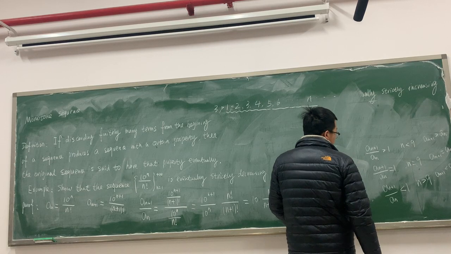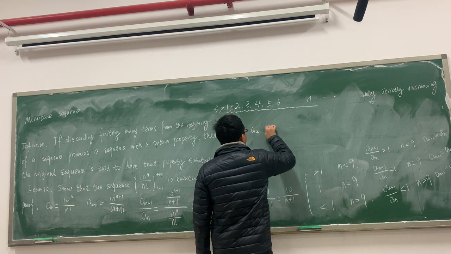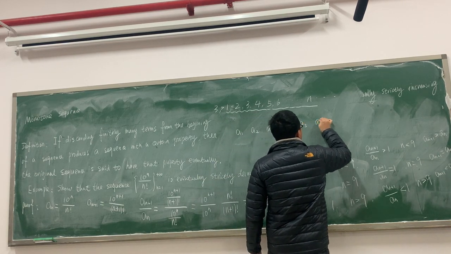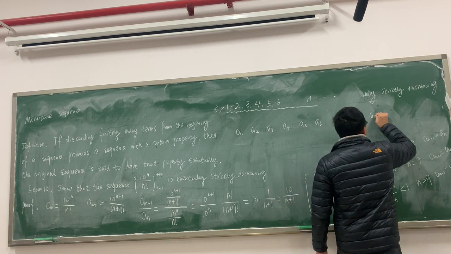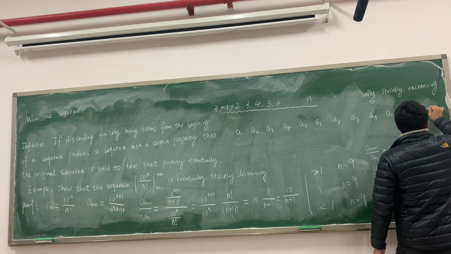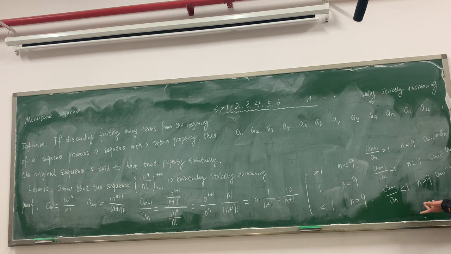Here we have A1, A2, A3, A4, A5, A6, A7, A8, A9, A10, A11, A12. Go on. From A1, is it greater than A2 or less than A2? When n is equal to 1, A1 is less than A2.